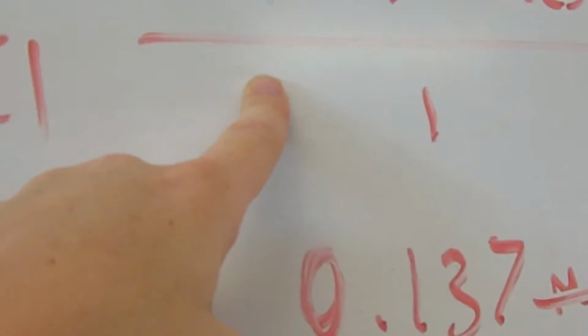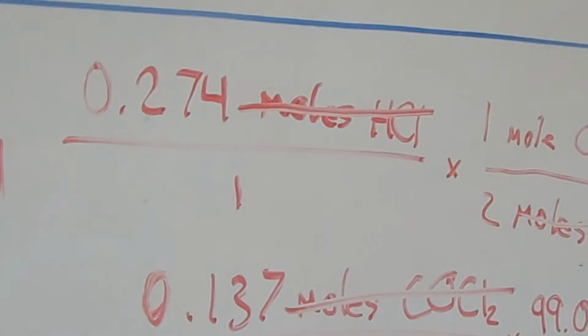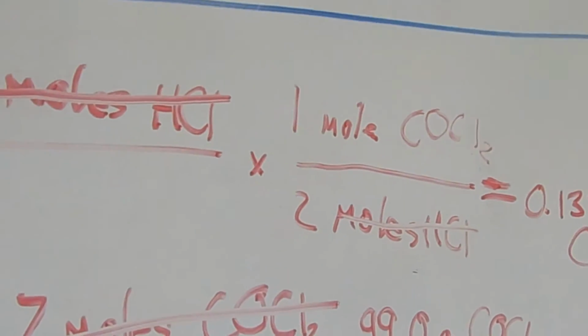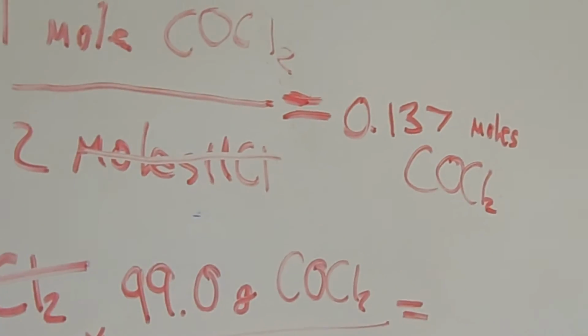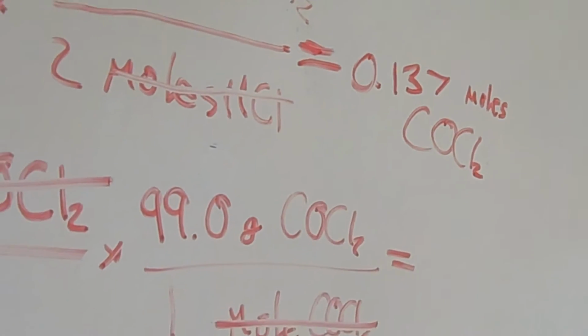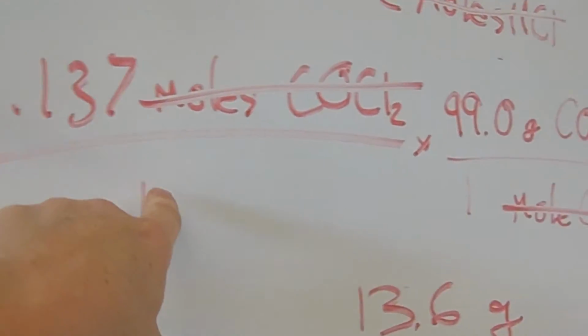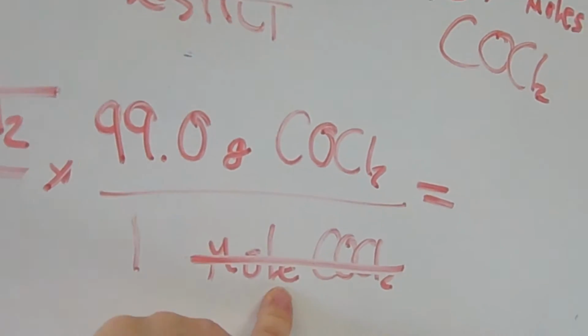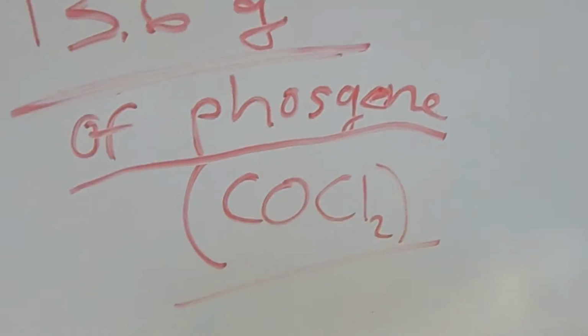She uses the mole to mole ratio from the balanced equation, which says there's 1 mole of phosgene for every 2 moles of hydrochloric acid. She found how many moles of phosgene you would need. It asks how many grams, so you use the molar mass of phosgene to convert moles to grams, and you get 13.6 grams of phosgene, which is what I got also.